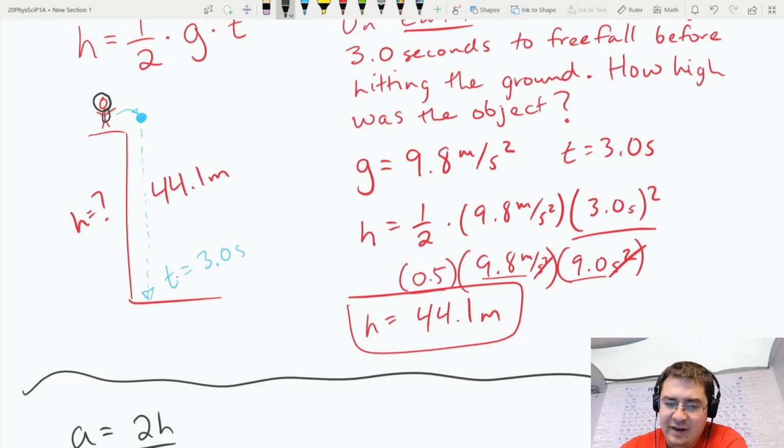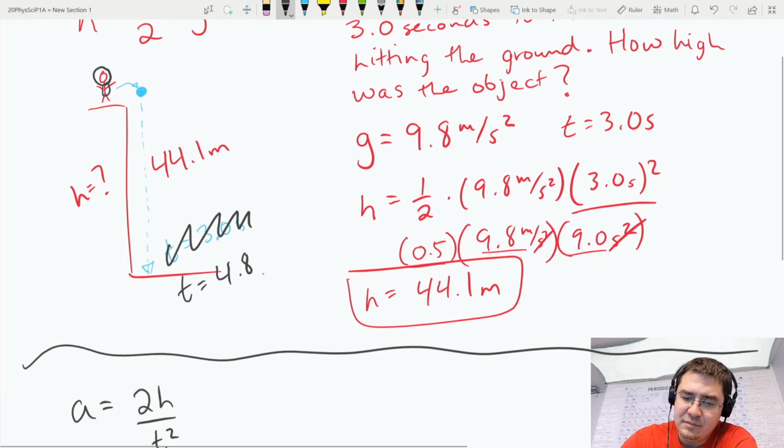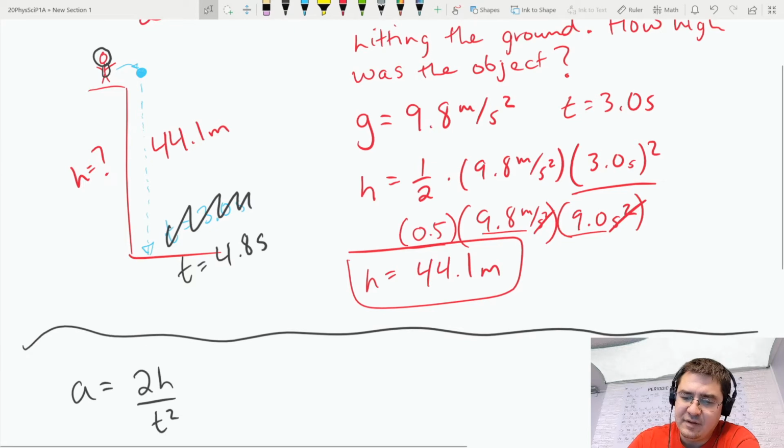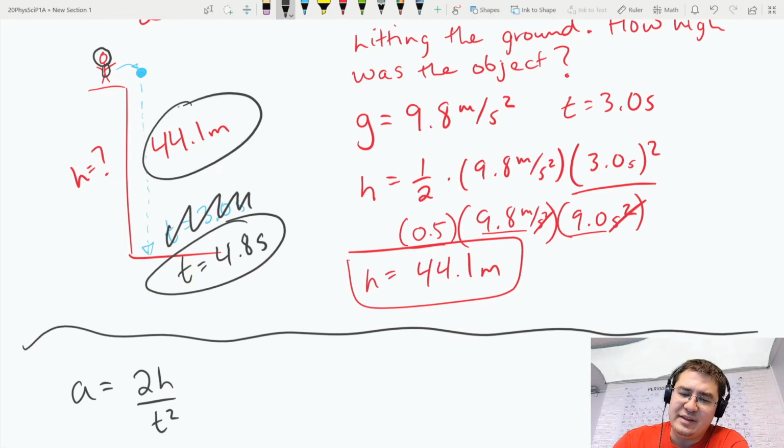And let's say instead of taking 3 seconds, it takes 4.8 seconds. So now the time is 4.8 seconds, we know the height is still 44.1 meters. Let's just say that he found a similar cliff on Mars, similar height.